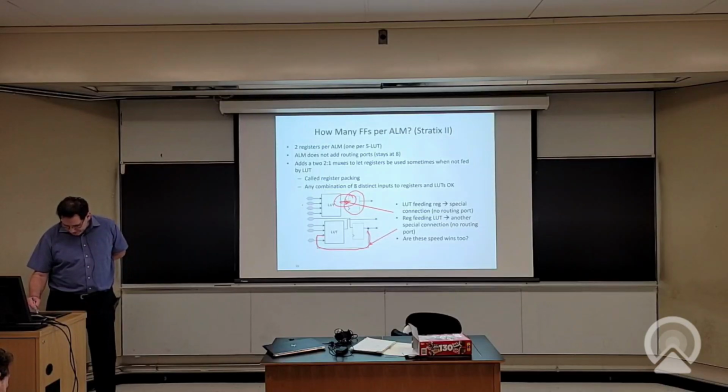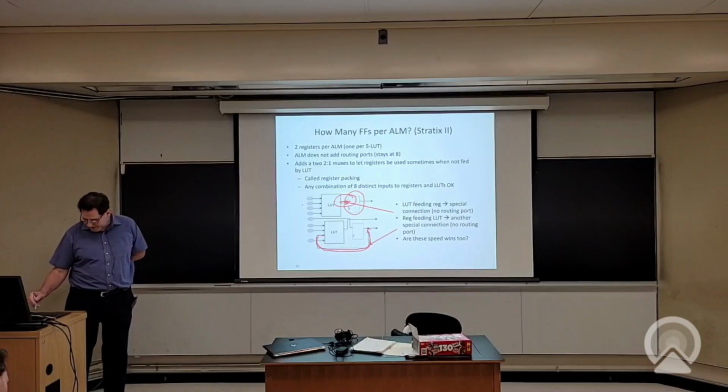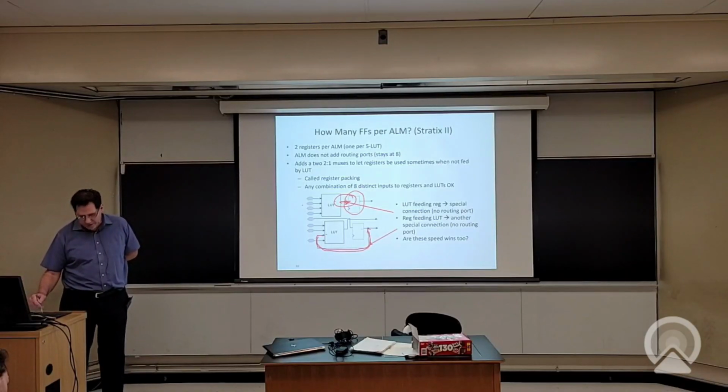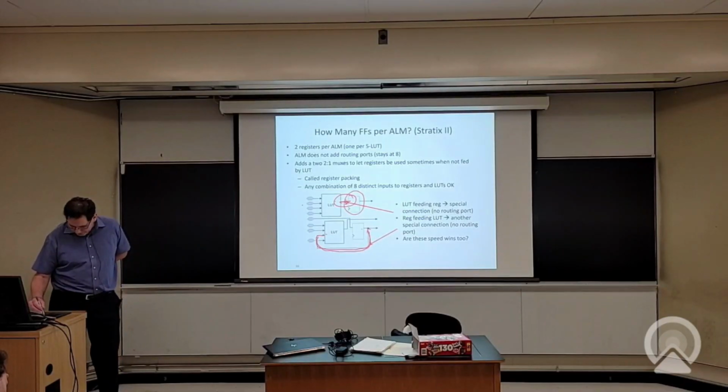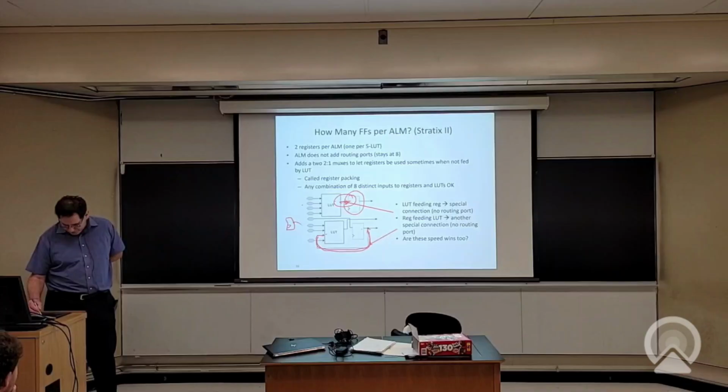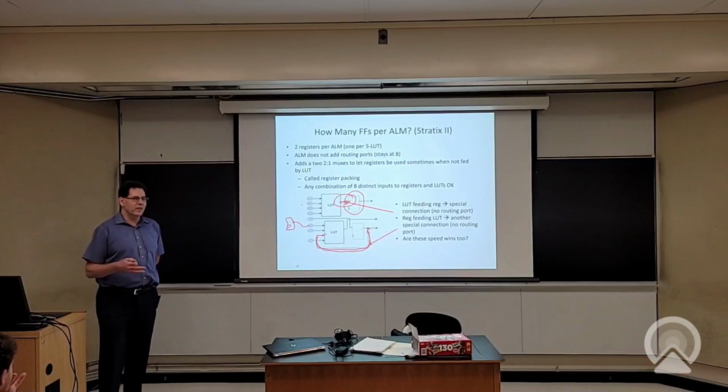For this LUT, we sped up the start of a timing path. We made the path from this register to this LUT faster, but this LUT has other inputs. So there's something else driving this input. Maybe it's a LUT, or maybe it's a register. If it's a register anywhere else, it's slower, it's got a higher delay.